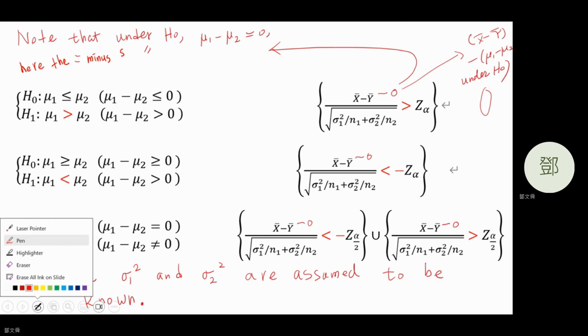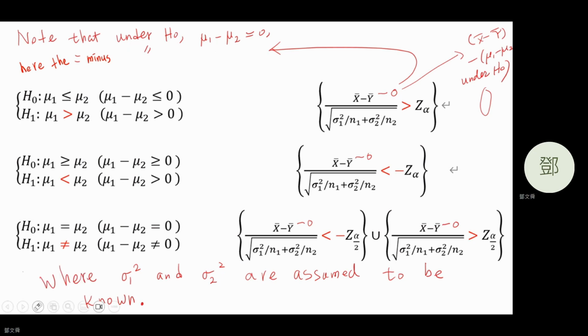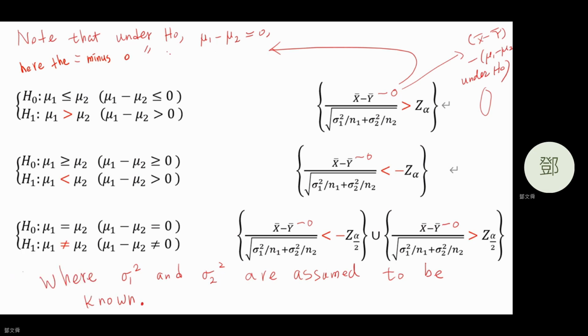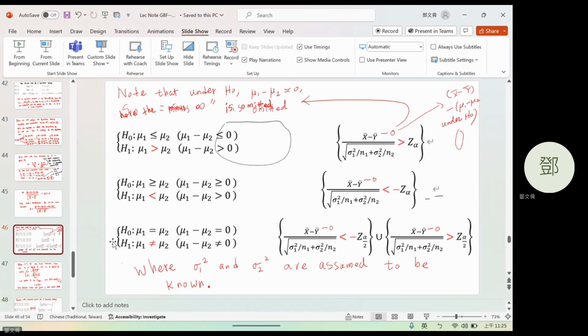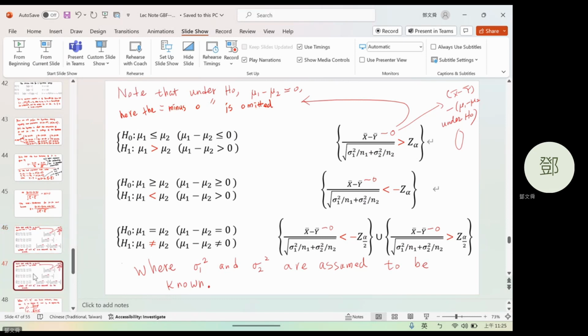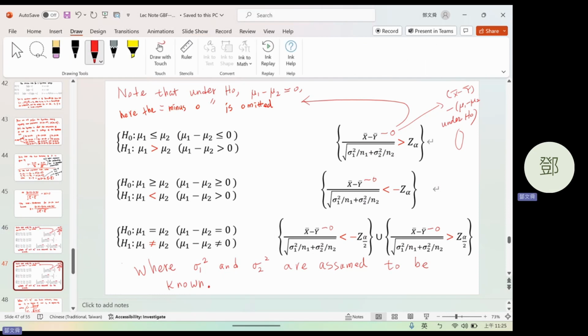Minus 0 is omitted. So we wipe off the minus 0 here.